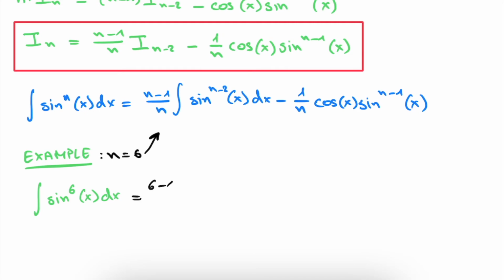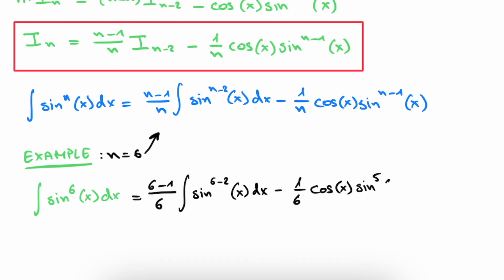So we get (6 minus 1) divided by 6 times the integral of sine to the power of 6 minus 2 of x dx minus 1 over 6 times the cosine of x times sine to the power of 5 of x.